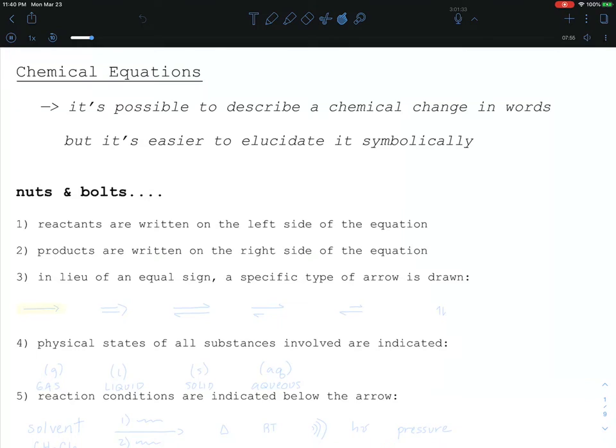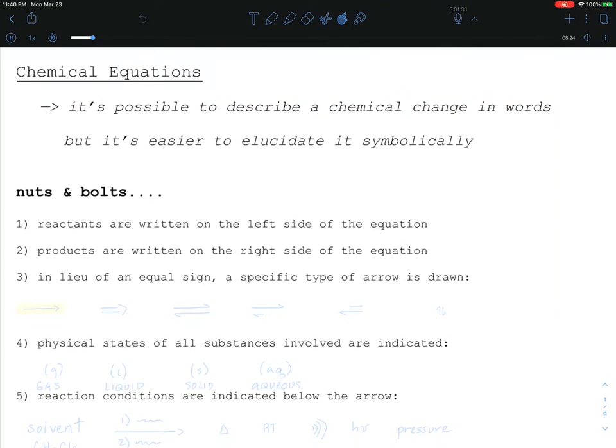So for us, we're going to write out some chemical equations, and by convention, we will put the reactants on the left-hand side of the reaction arrow, and the products are going to be written on the right-hand side of the reaction equation. So instead of saying this equals that, so we went through in chapter 1 all the laws of definite proportions and the law of conservation of mass and all that stuff.